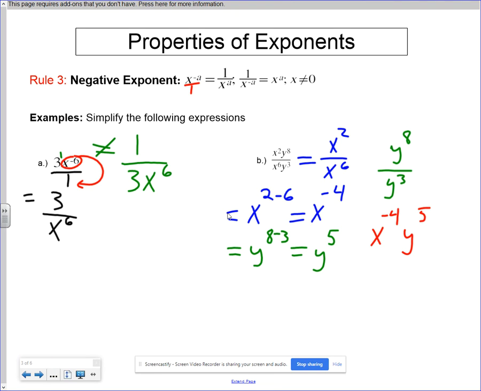So we'll use rule 3 here and flip that negative exponent to the denominator. We'll flip that down, and we'll have y to the 5th over x to the 4th. So always make sure that if you have a negative exponent, you flip it either from the denominator to the numerator or the numerator to the denominator to make it positive.